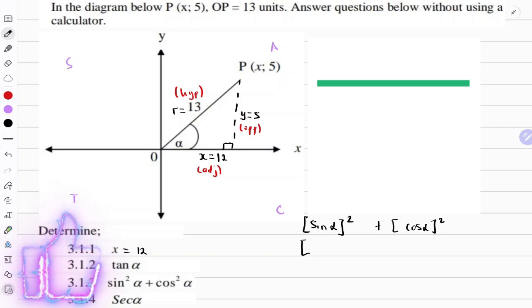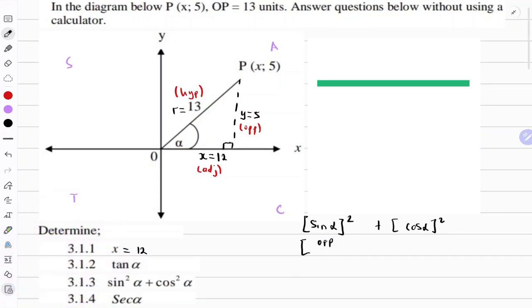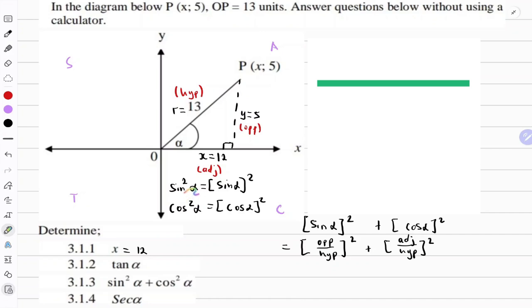Now sine alpha by definition is opposite over the hypotenuse, squared, plus cos alpha is the adjacent over the hypotenuse, squared. Always remember that sine squared alpha can be written as sine alpha to the whole squared, and cos squared alpha can be written as cos alpha to the whole squared, hence this expression.